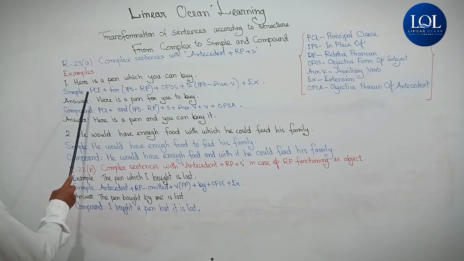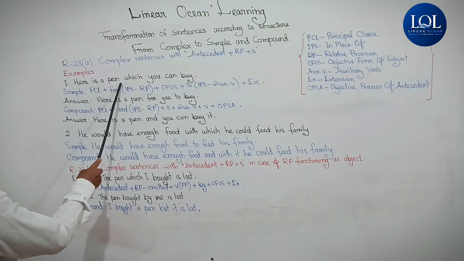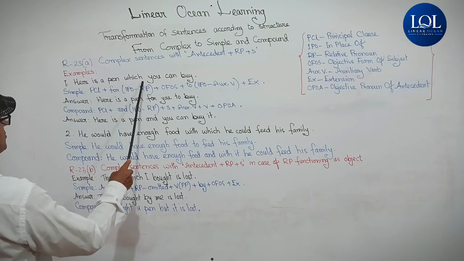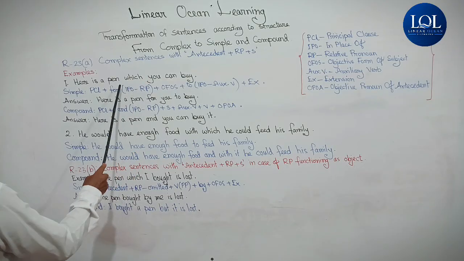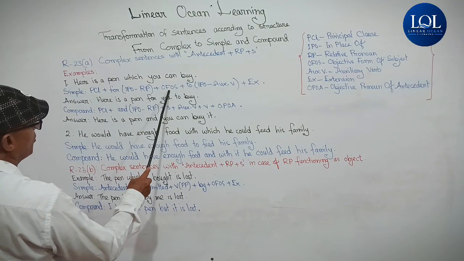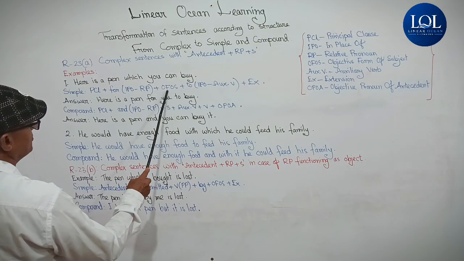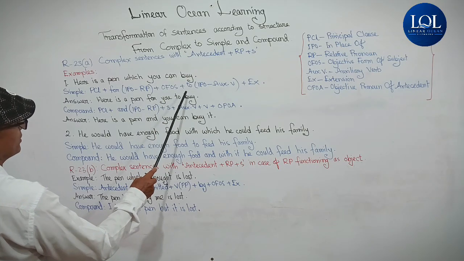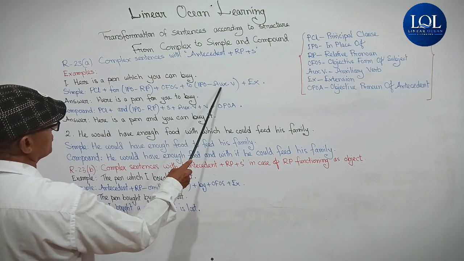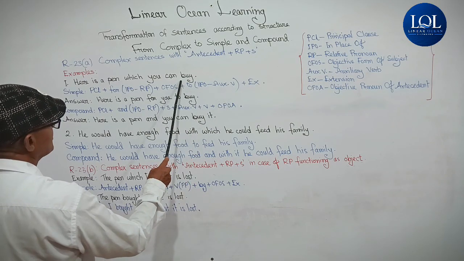Now, let us look at the structure of the simple sentence. PCL, principal clause: Here is a pen. For IPO RP, that means in place of the relative pronoun "which", we have to write "for", plus the objective form of the subject or objective pronoun of the subject, to, IPO, that means in place of the auxiliary verb, plus extension.